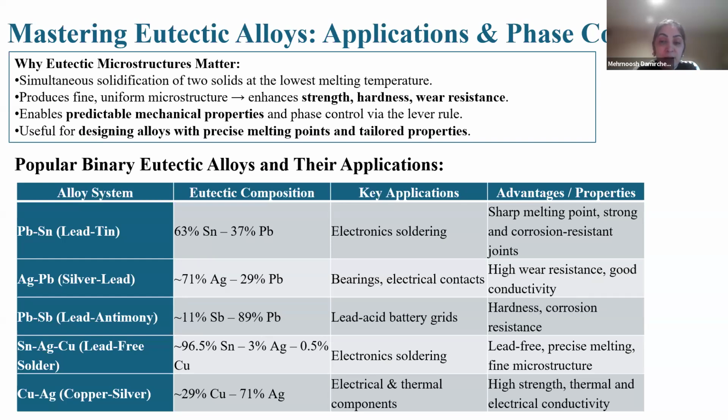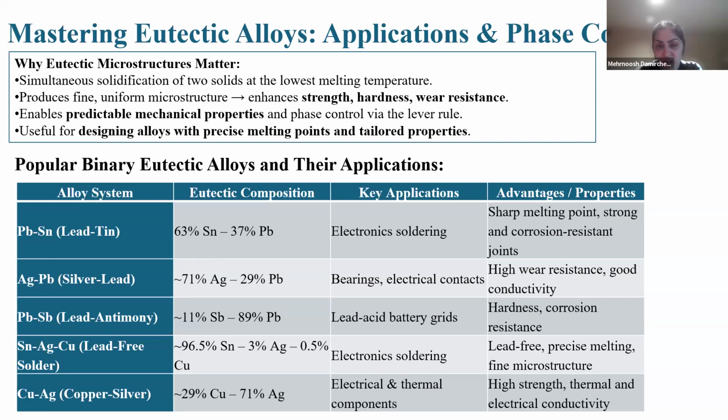Pb-Sb is used for lead-acid battery grids, providing hardness and corrosion resistance. Sn-Ag-Cu is the lead-free solder, delivering a precise melting point and fine microstructure. Another is the Cu-Ag system, used in thermal and electrical components, offering high strength and excellent conductivity.